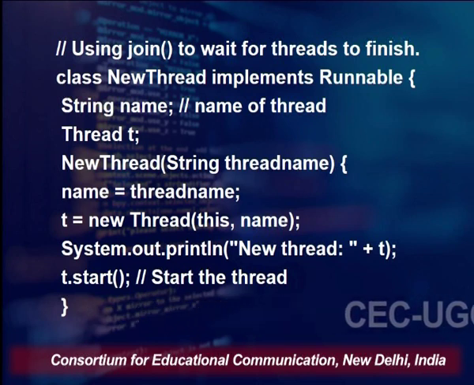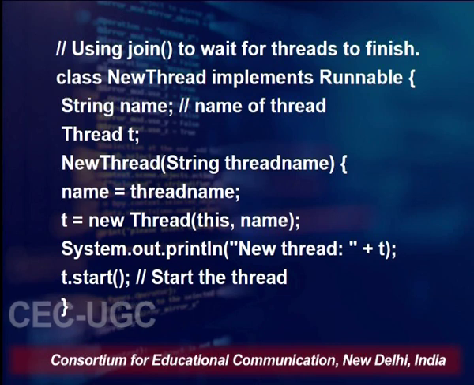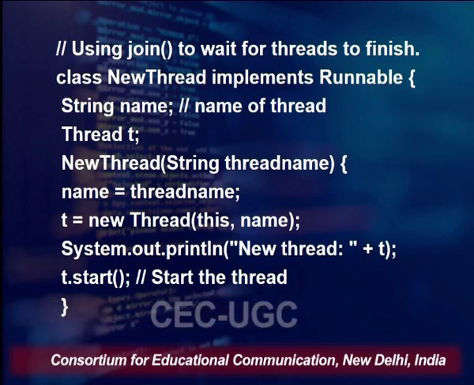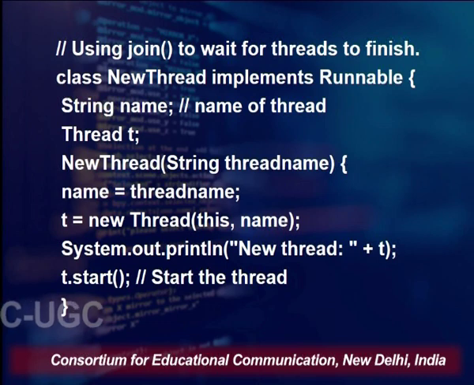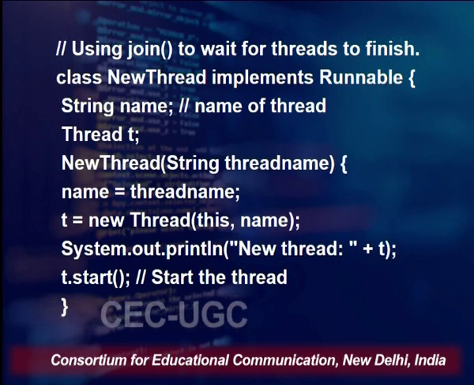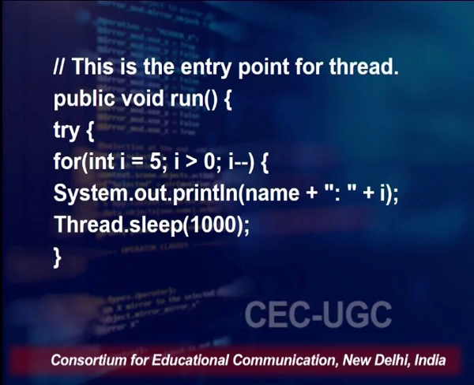We have a string name and the object t, and within NewThread we have created the thread. This is the procedure of creating the thread and starting the thread. The constructor of this class NewThread will be called inside our subsequent methods.